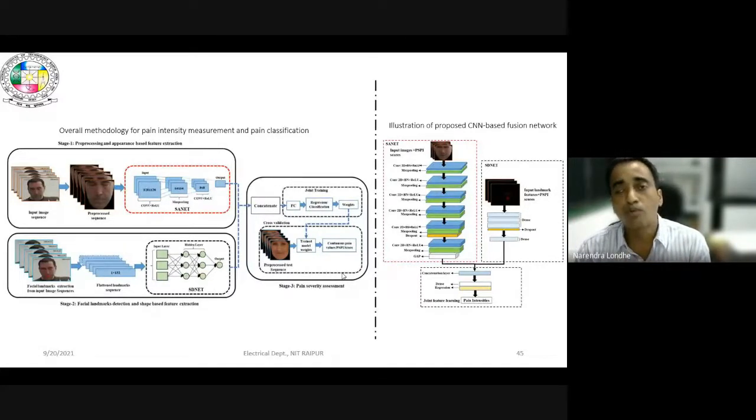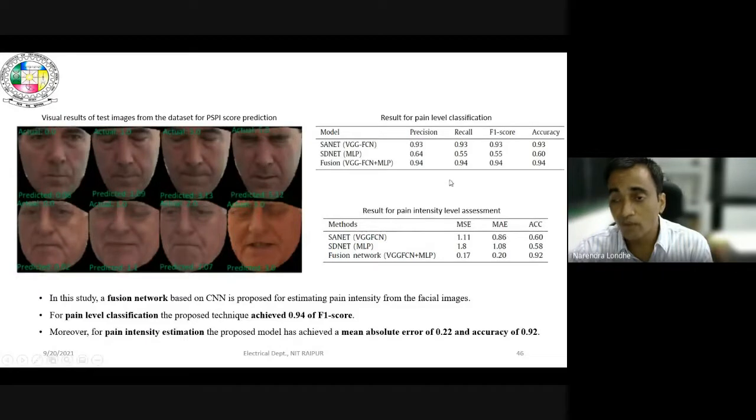Earlier doctors used to observe the patients, just by observing body movement and sound, and based on that they used to understand the problems and treat the patient accordingly. But now this system will be an objective method, and it will help the doctors find out how severe that pain is, and accordingly the doctor can give their treatment. If you see the performance here also, we are achieving a very high performance in these cases, right?